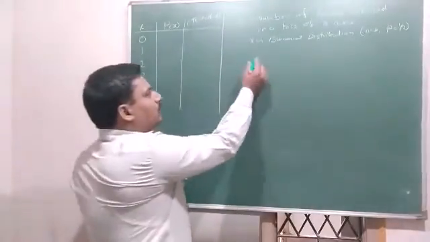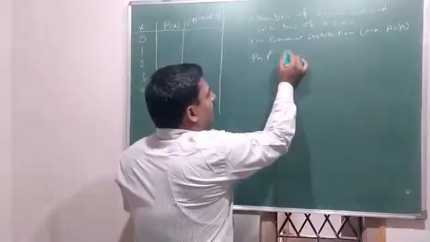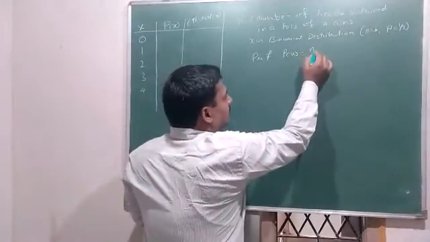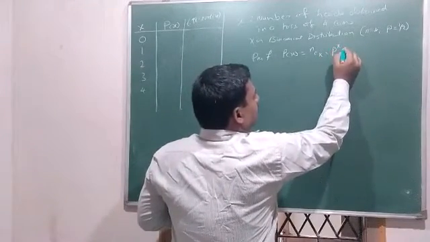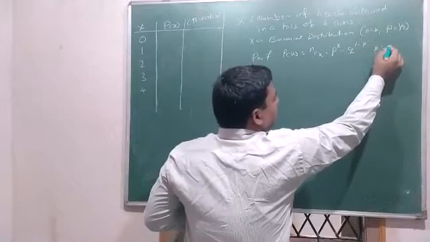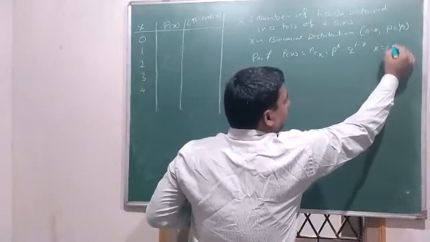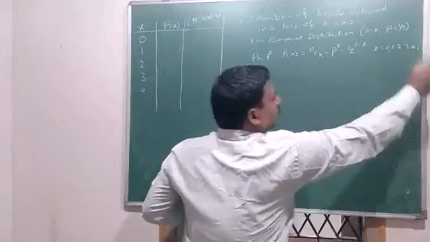Now the probability mass function: p of x is equal to nCx into p raised to x into q raised to n minus x, where x is equal to 0, 1, 2, 3 and 4.